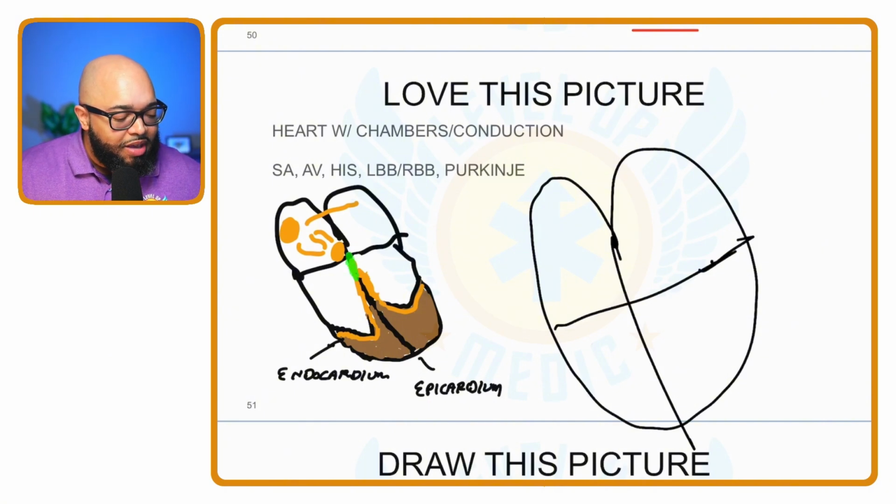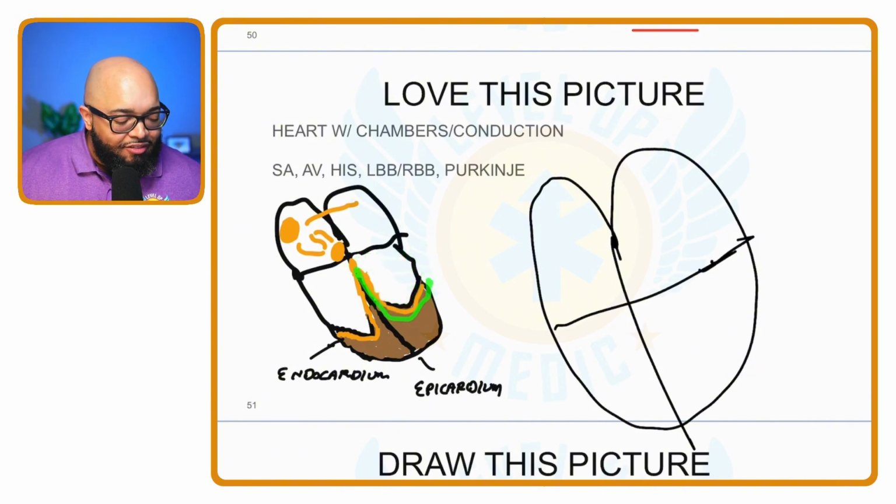Then the signal goes from here through the bundle of His. It goes to the right bundle branch and to the left bundle branch. The left bundle branch has 2 divisions: an anterior division and a posterior division.